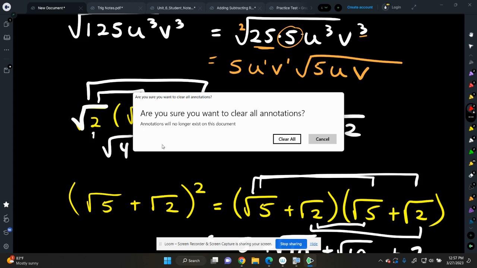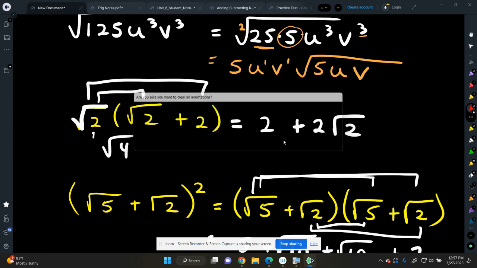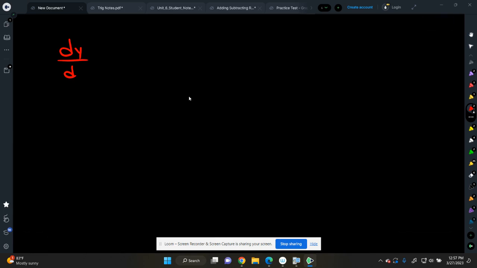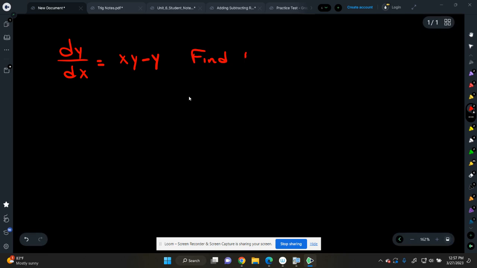Okay, let's try this one. dy/dx equals xy minus y. I want you to find the solution. This is just an extra one, so you can add it to the end or turn the page over to a blank page.